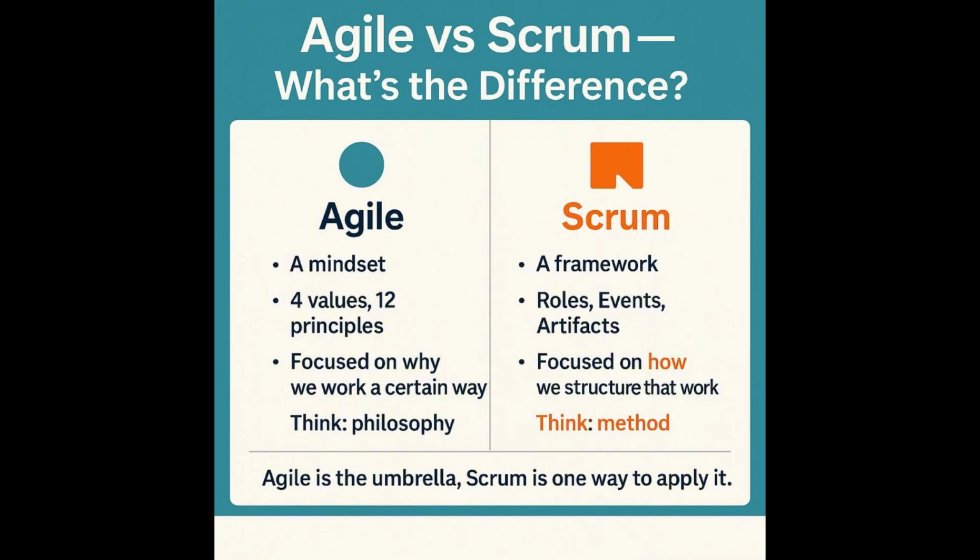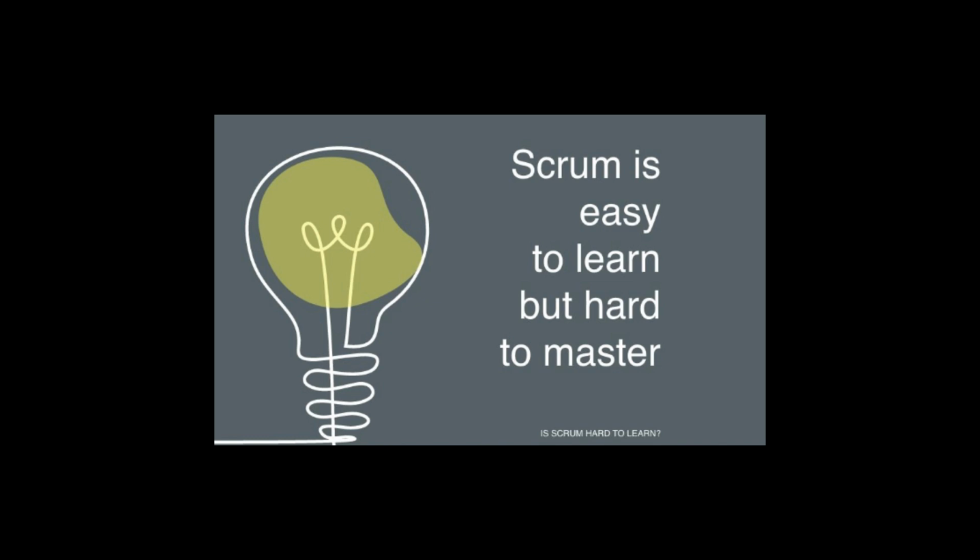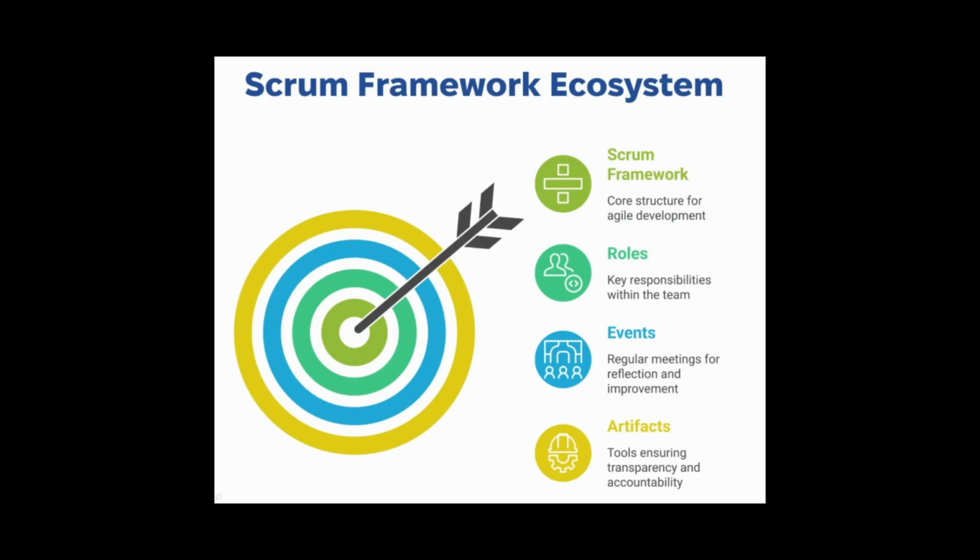Scrum is a popular agile model that is lightweight and easy to understand. But like all agile methods, it is difficult to truly master. The Scrum framework is a set of team guidance practices, roles, events, artifacts, and rules to execute projects by.